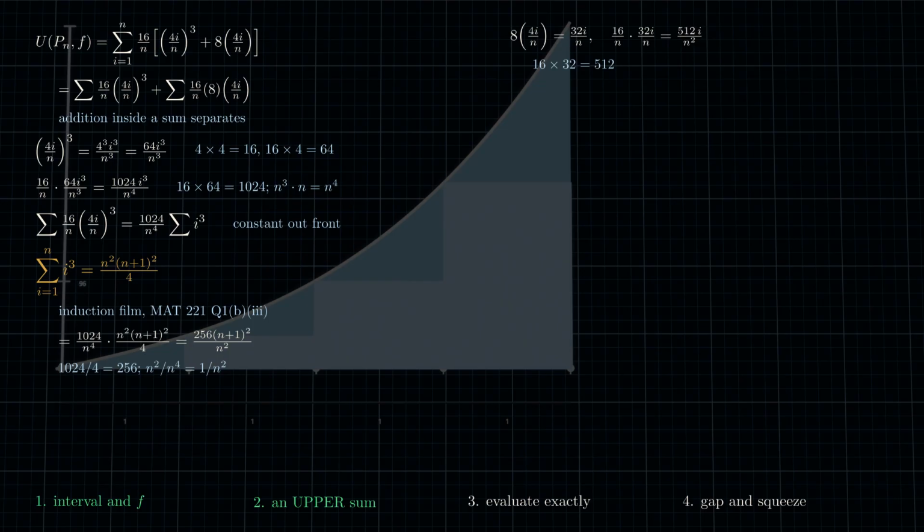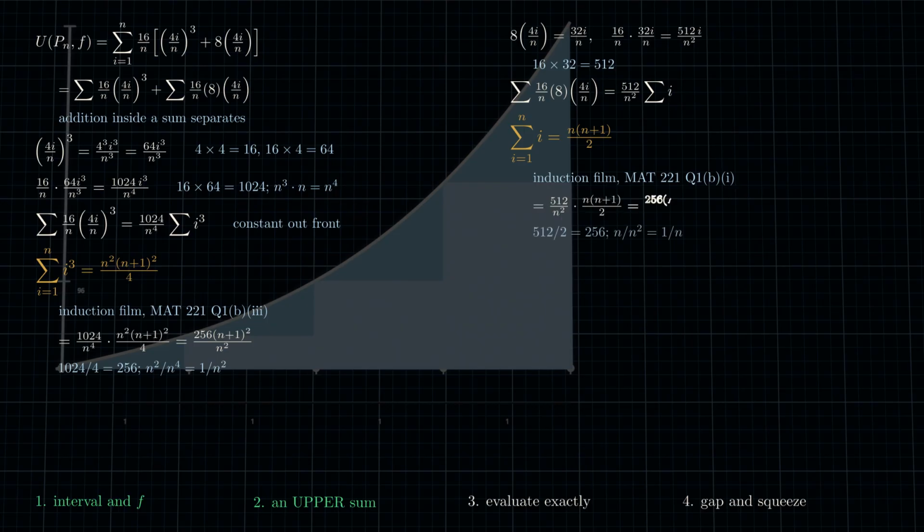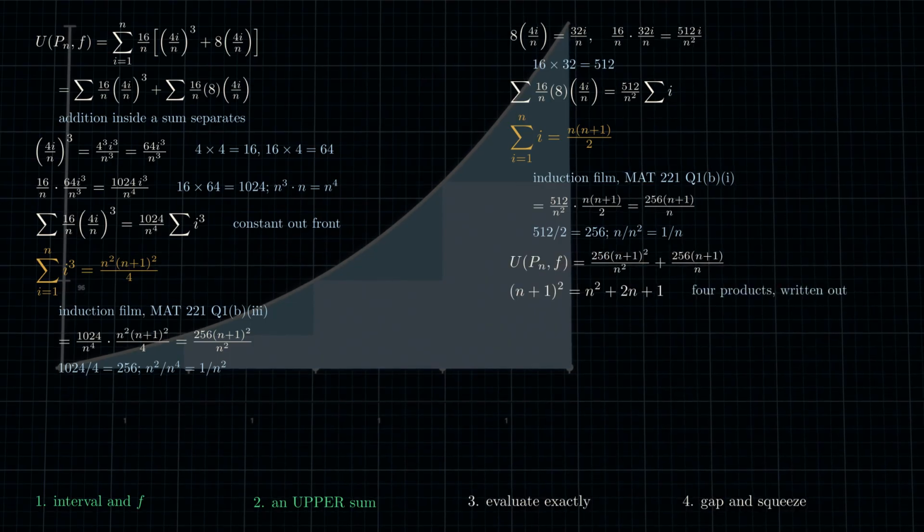Second sum, 8 times 4i over n is 32i over n, times 16 over n. Each term is 512 i over n squared. Pull the constant out, and the sum of i is left. And there is the very first identity, also from the induction film, n times (n plus 1) over 2. Substitute, and the second sum is 256 times (n plus 1) over n. Now open both pieces up. The board multiplies everything out.